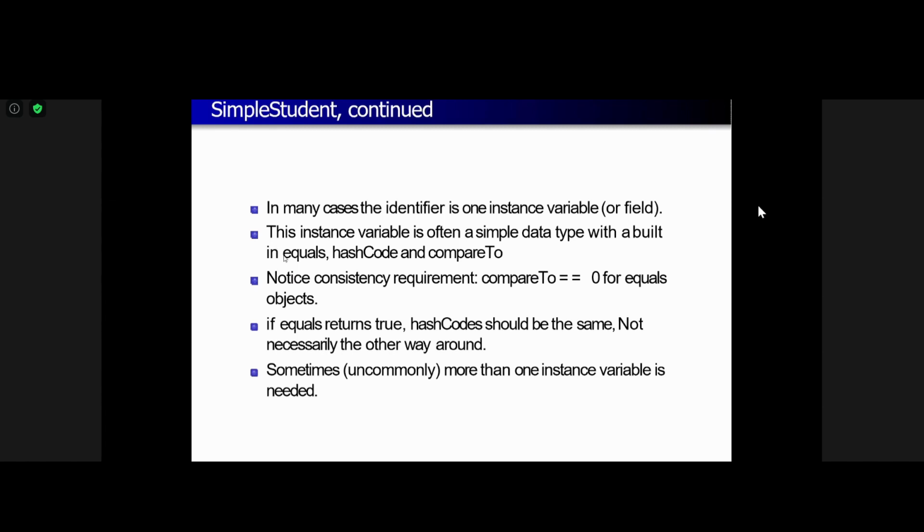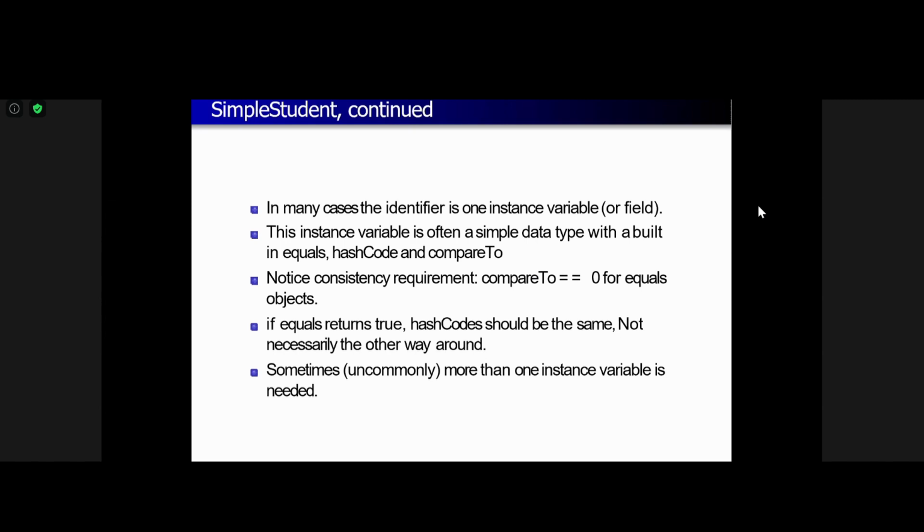Okay, so we've seen that in lots of cases there's an identifier that says which objects are the same and different. Just like a database record has a primary key, which is usually a single field, but it doesn't have to be. Right?